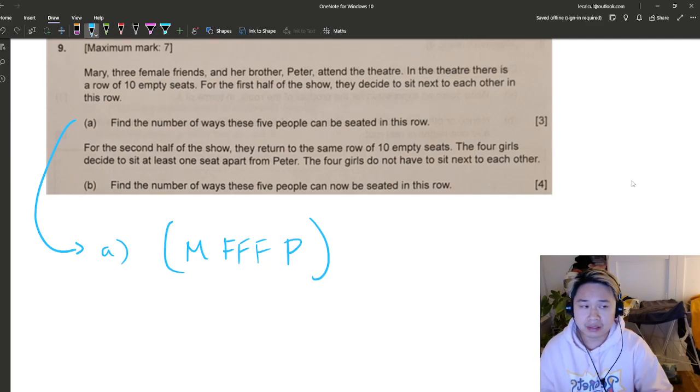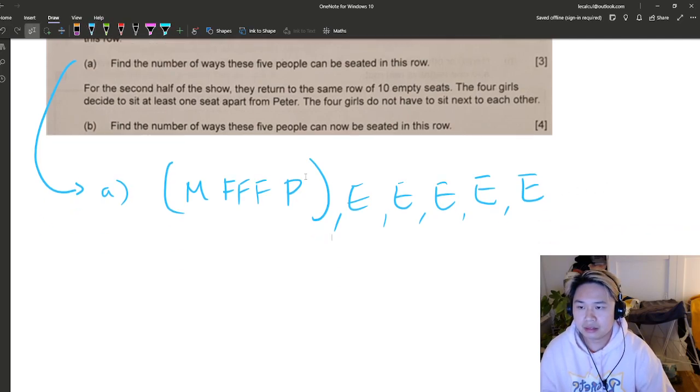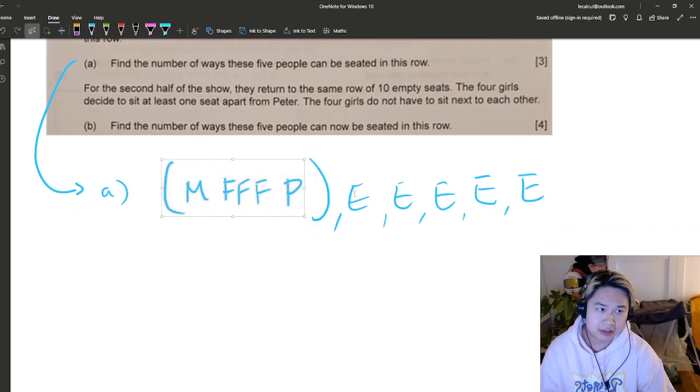And then you also need to arrange the empty seats. So there's also 5 empty seats, right? So 5 empty seats. And when you want things to be together, then you essentially treat them as one item in your permutation.